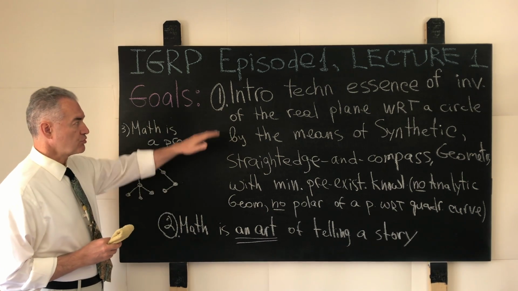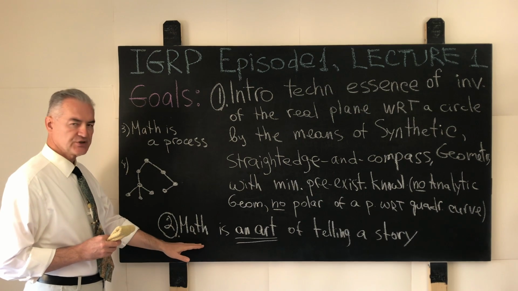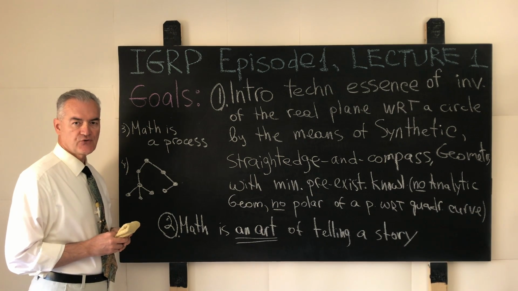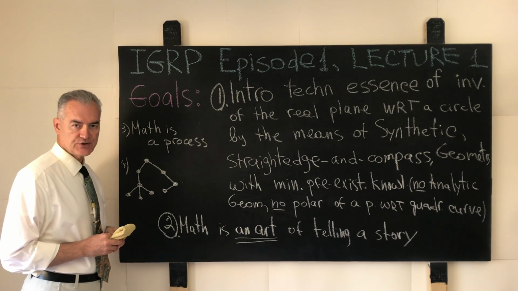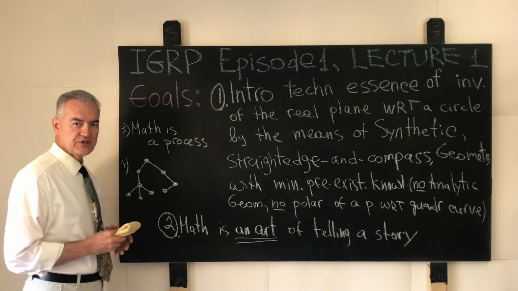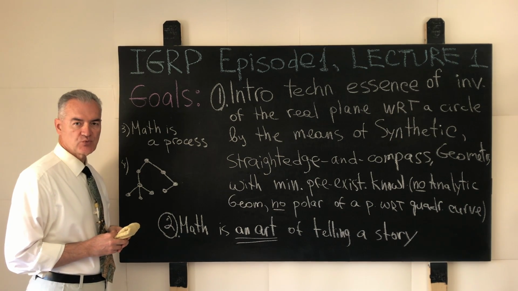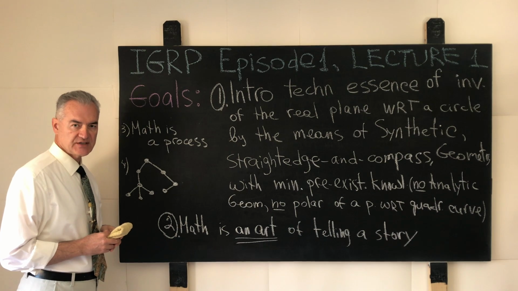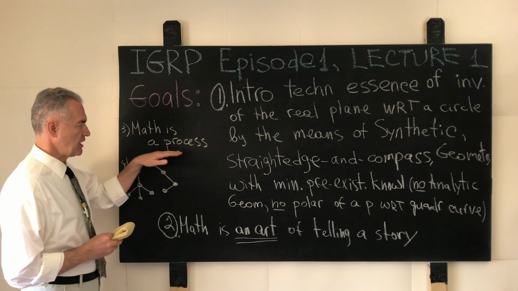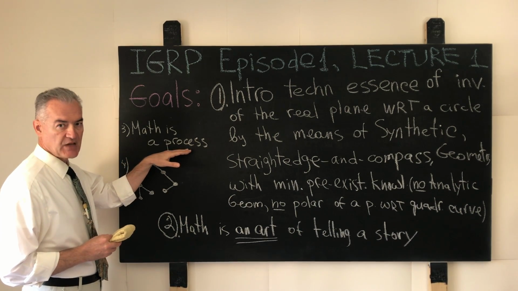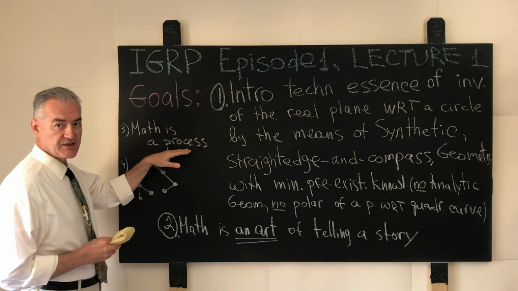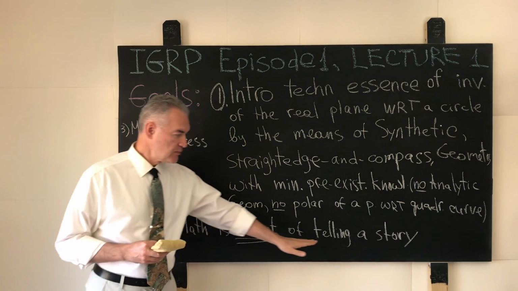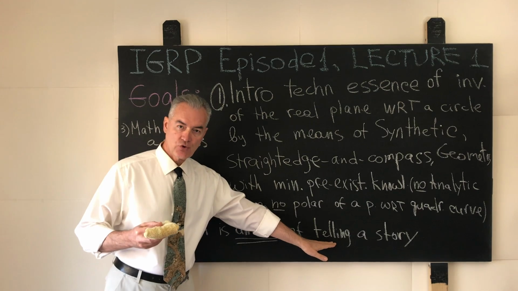From the first two primary goals of this course, there naturally follows the first secondary goal of this course, which is, with the material presented in this course, we want also to showcase the fact that mathematics is a process. A process of what? Mathematics is a process of precisely telling a story.